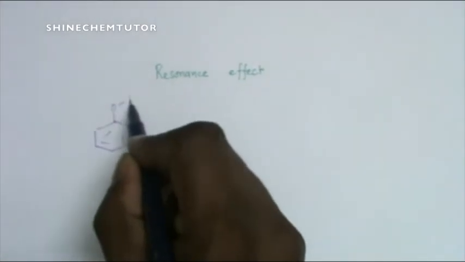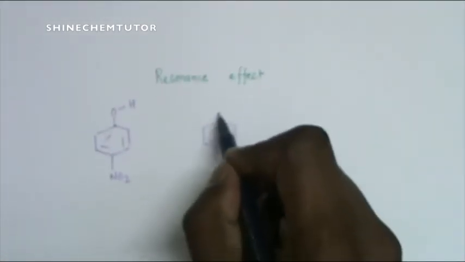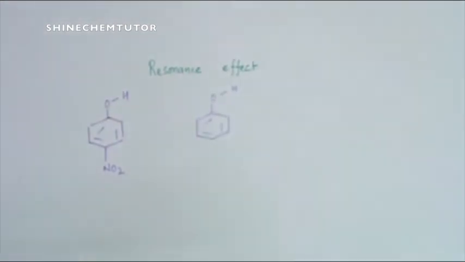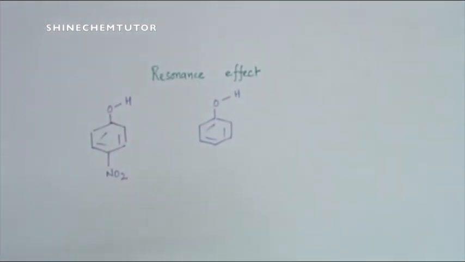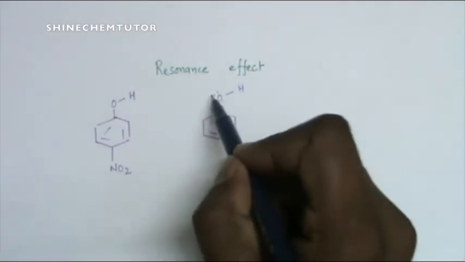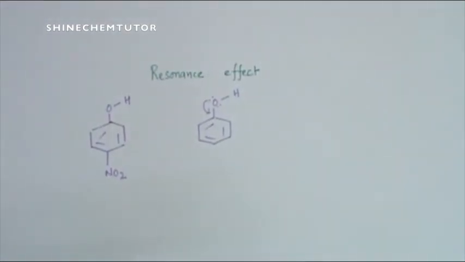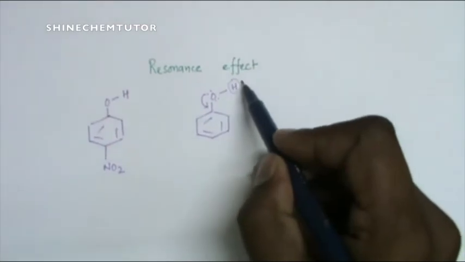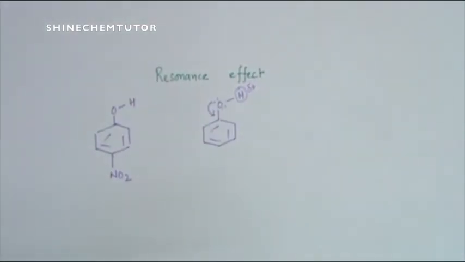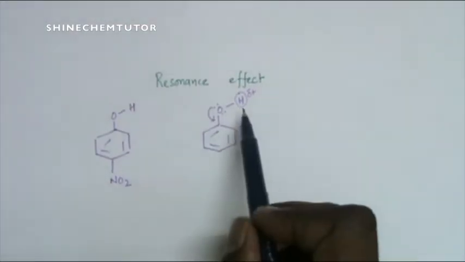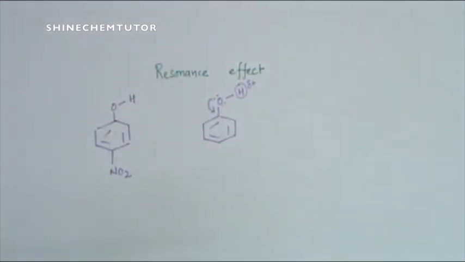I go for phenol and 4-nitrophenol. Here, the lone pair involves in resonance. Because of that, this becomes more delta plus. It can be taken by base like sodium hydroxide and it is more acidic.